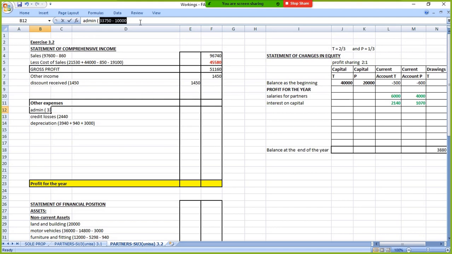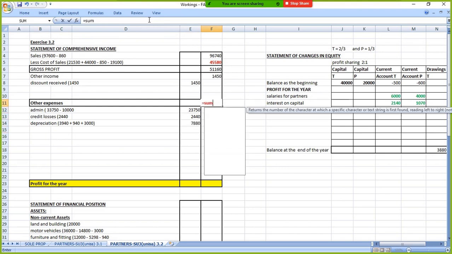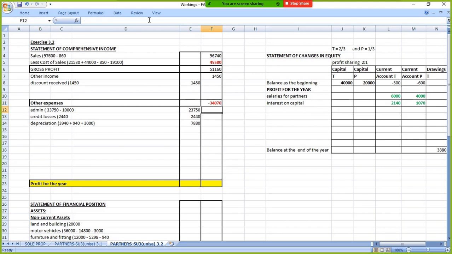Admin, credit losses, depreciation. Other expenses, sum up. There's the sum. Profit for the year is your gross profit plus your other income minus your expenses.